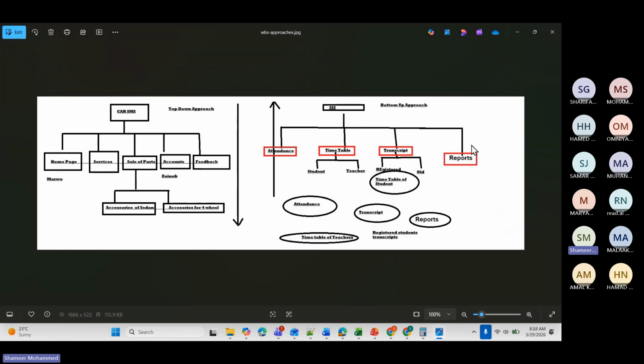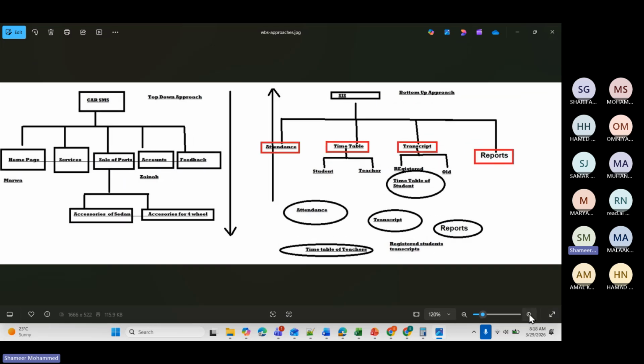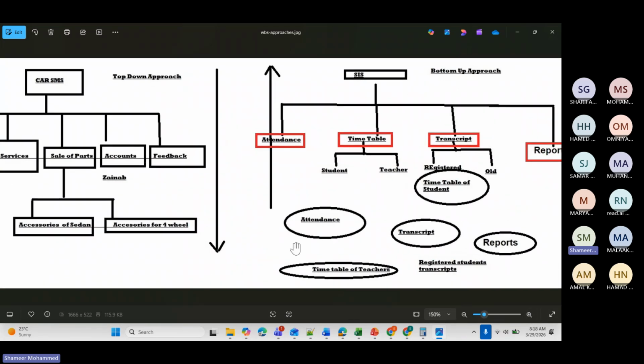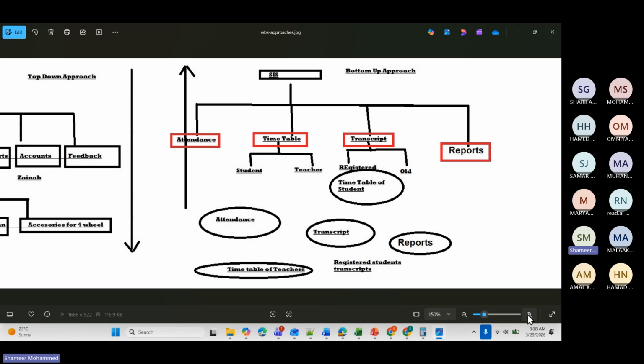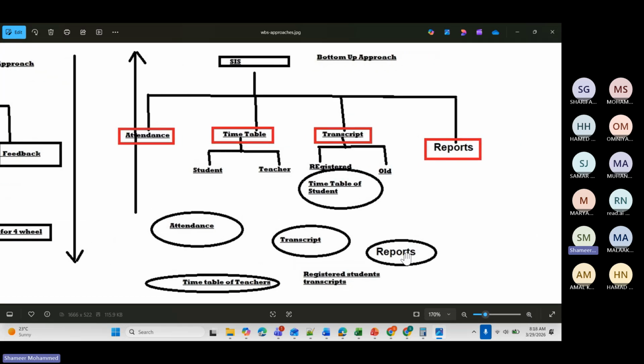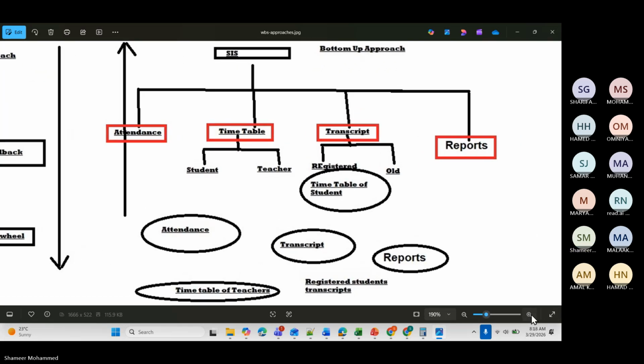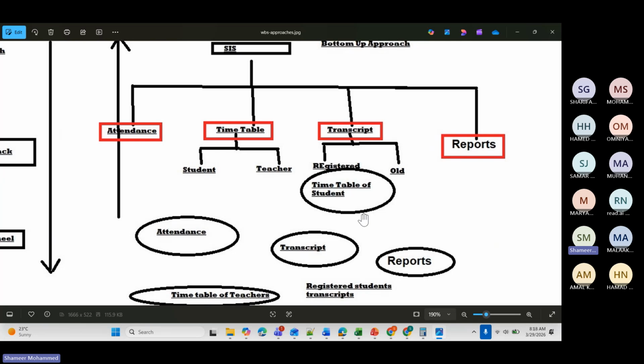You can see here from bottom up to top, bottom up. Say you are doing a project like the SIS, right? So this is the project SIS, for example. What are the modules that you will develop first?